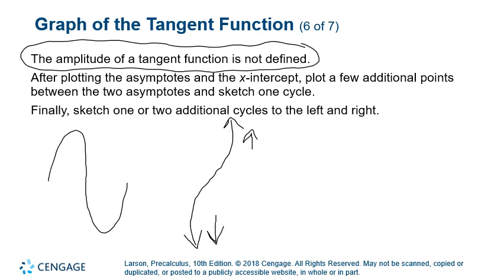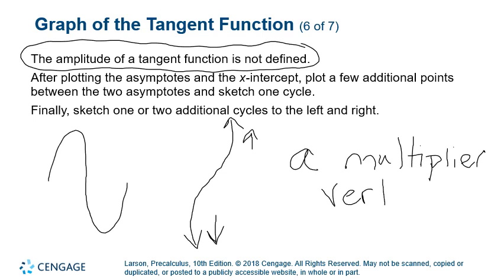So there really isn't a min or a max here. So we can't really define an amplitude. But the outside A multiplier represents really more of a vertical stretch in one direction or another.